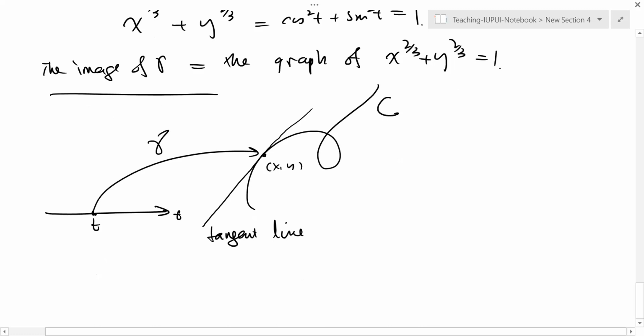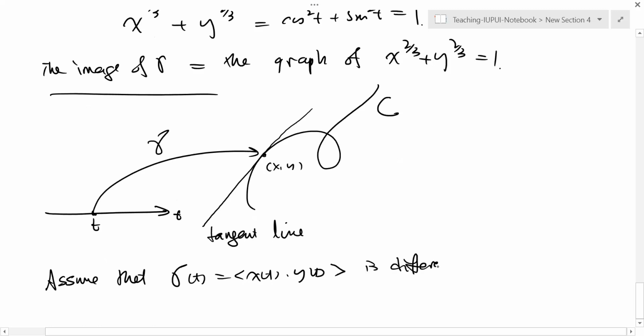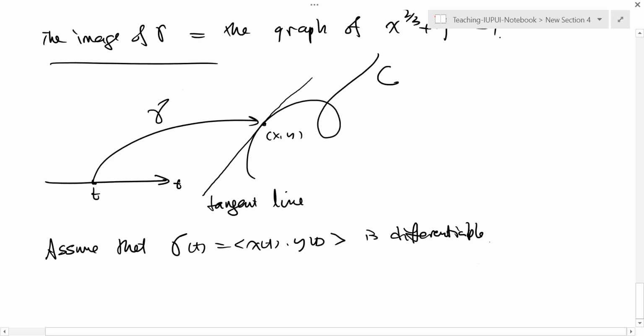I assume that gamma, which is t, x(t), y(t), is differentiable. If you can differentiate many times, then we say it's smooth. I'm trying to find a way to determine the tangent line.